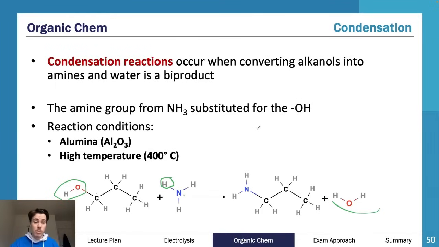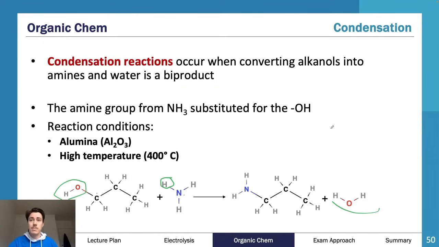When water is a byproduct, the reaction is a condensation reaction, no matter what. If water is a byproduct, it is a condensation reaction in chemistry. Really important. So in this case, this is a condensation reaction because you've had this change from an alcohol to an amine, but you've also had water removed, so it's a condensation reaction.